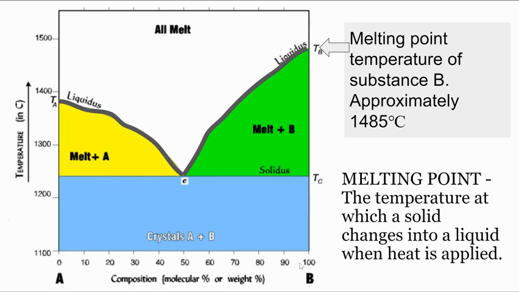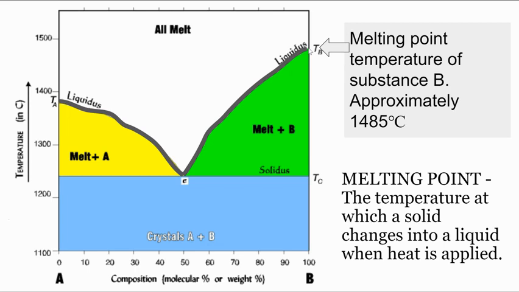So if I'm talking about component B, if I have 100% component B or purely metal B, my melting point temperature would be right here where the liquidus line intersects with that right-hand boundary, or where there's 100% B. The temperature at this point would be the melting point temperature of substance B, approximately 1,485 degrees Celsius.